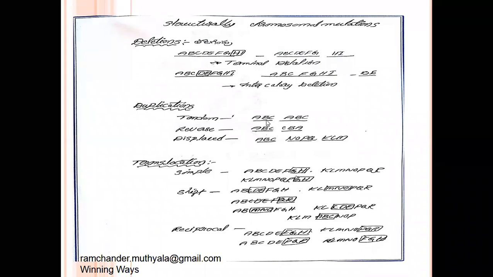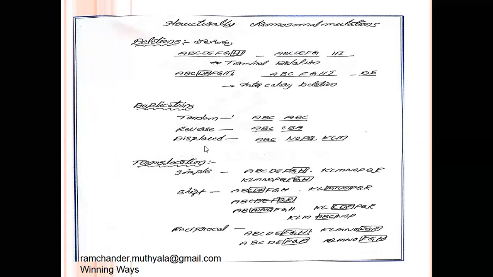This type of mutation is called tandem duplication. In reverse duplication, the normal chromosome contains ABC genes, which are arranged in reverse by the duplication: CBA, again ABC, CBA, ABC, CBA. This type of arrangement is called reverse duplication.